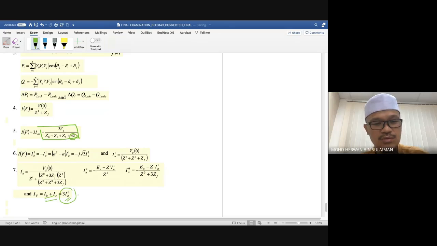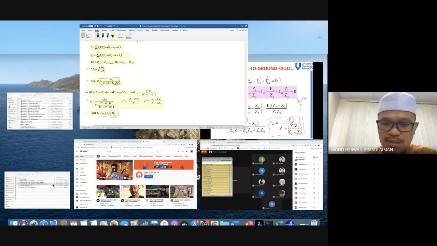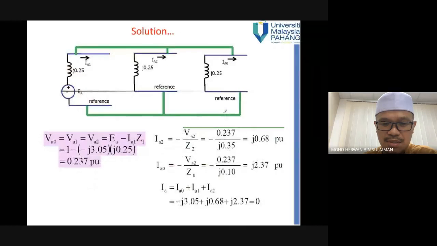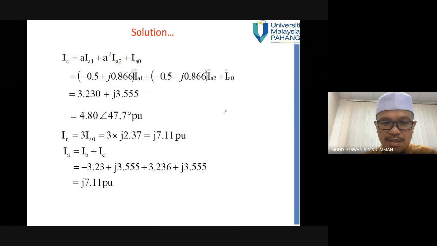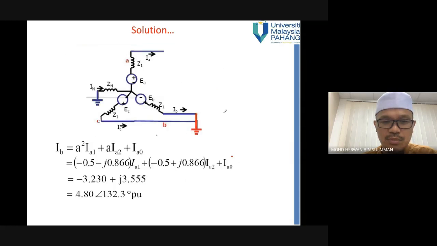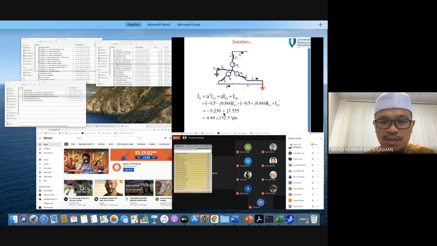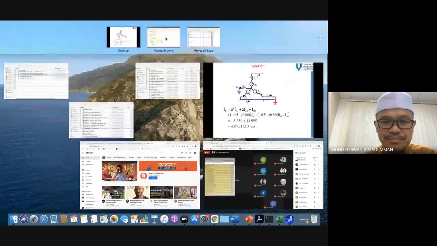Ni cara nak tunjuk cara paling mudah nak kira double line to ground fault. 3IA kosong. Once you dapat IA kosong, you akan dapat fault current lah, tanpa you perlu cari IB dengan IC. Kalau kat nota saya ni, dia cari IB, dia cari IC, then you calculate, you tambah. So sebenarnya you boleh buat short, you cut it short by using this equation.